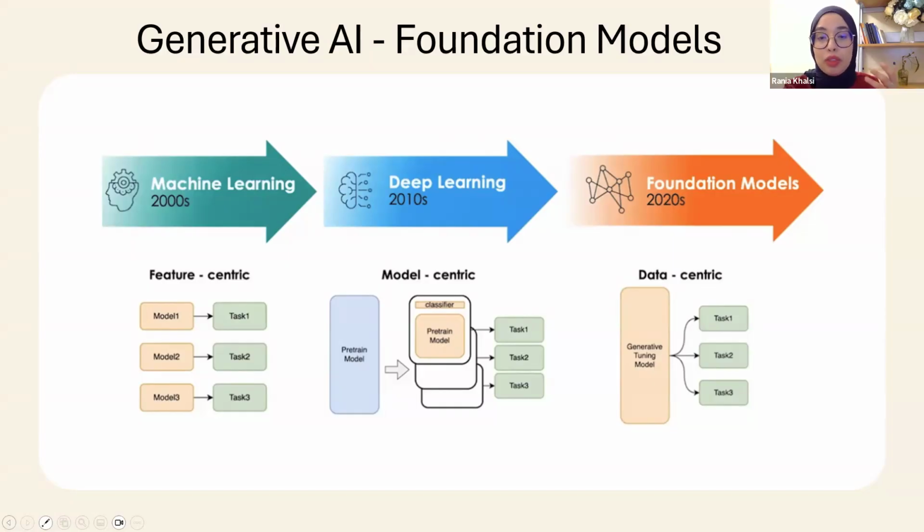This change made deep learning model-centric, because everything happens within the model. For almost a decade, from 2010 to 2020, deep learning dominated.